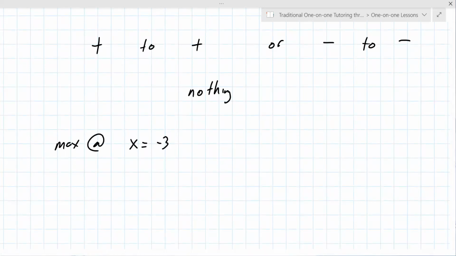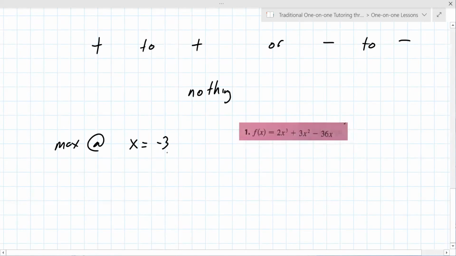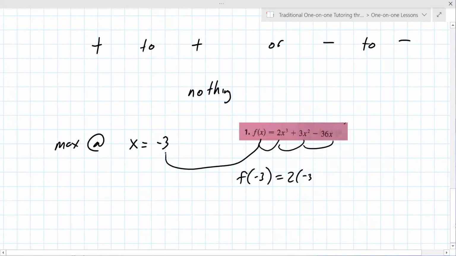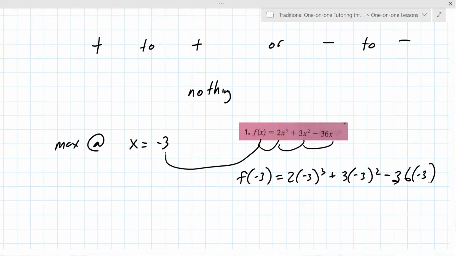To get the y value, you have to go back to the original function and put that value back into it. So the -3 goes back in each of those. You need the y value: 2 times -3 cubed plus 3 times -3 squared minus 36 times -3, or whatever that is. That's not important. It's all about knowing all this stuff.